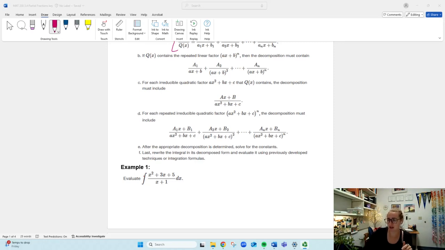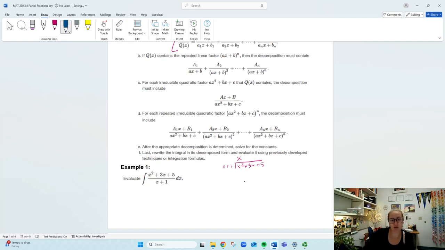And so you can already see the degree on our top is 2, our degree on our denominator is 1. So I can actually just do long division in this case. So I'm going to do x plus 1, and that is dividing x squared plus 3x plus 5. Okay, so x goes into x squared one time, and I'm left over with an x.